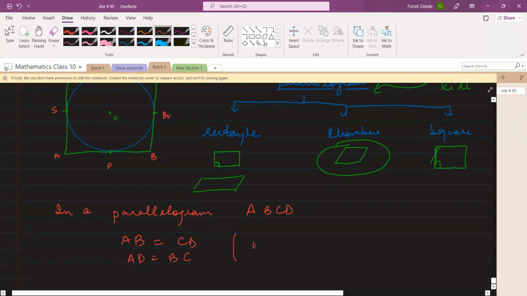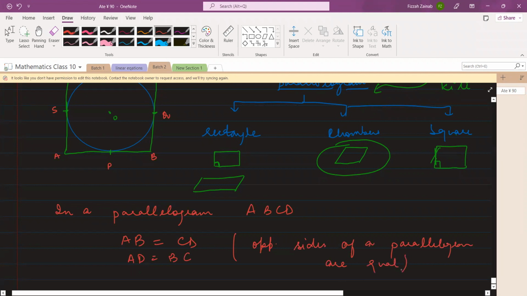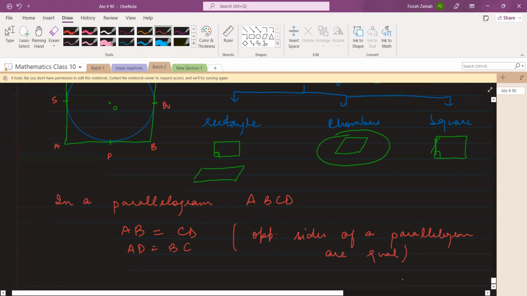Why? You can write the theorem that opposite sides of a parallelogram are equal. So the given condition is already used. It's always used in the question.